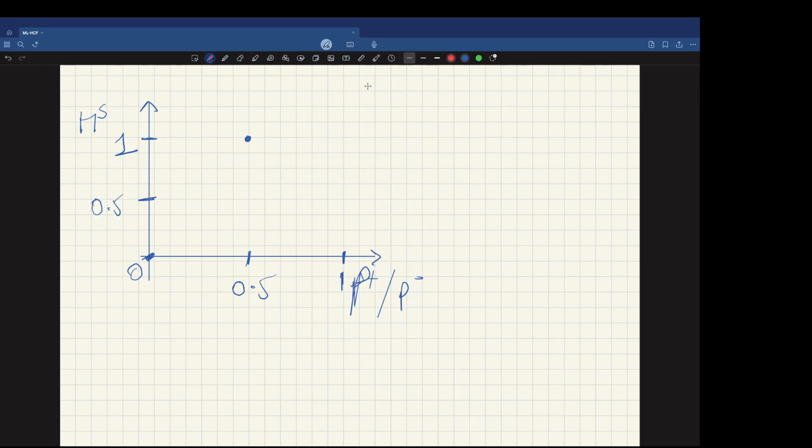I'll mark it. And if I do over here also, it will go like this. This we got. Is it clear how I plotted these 3 points? Any doubt?